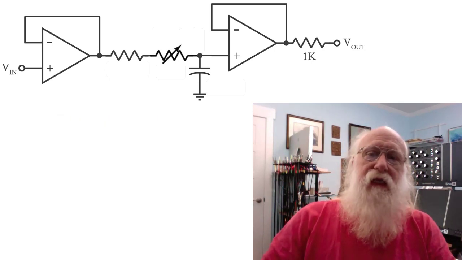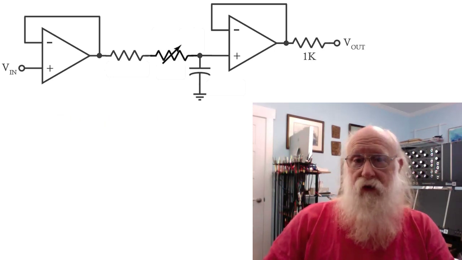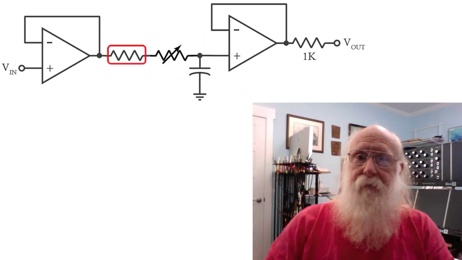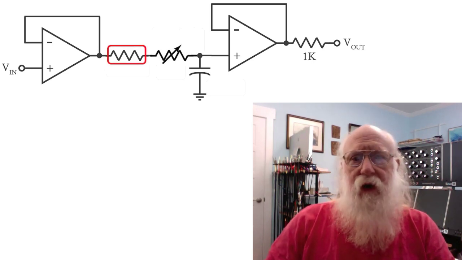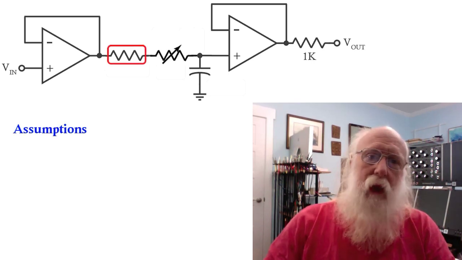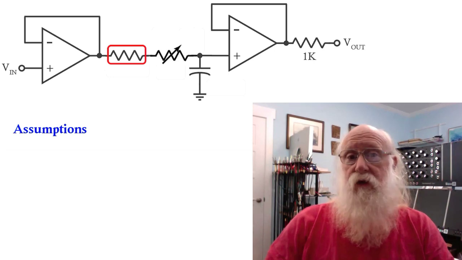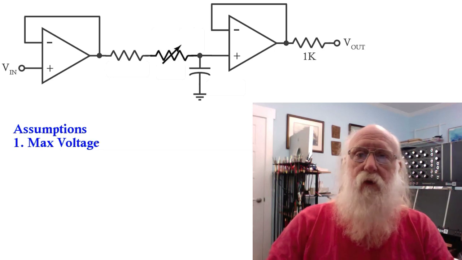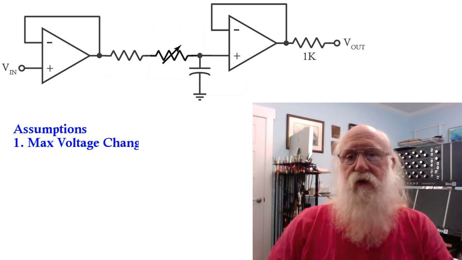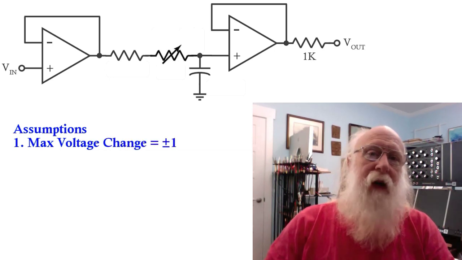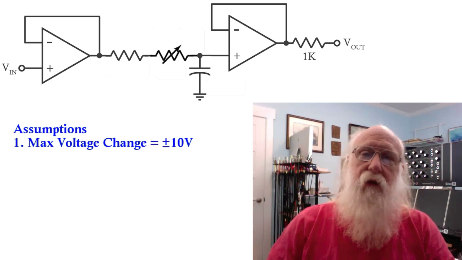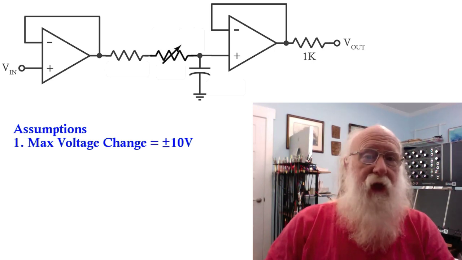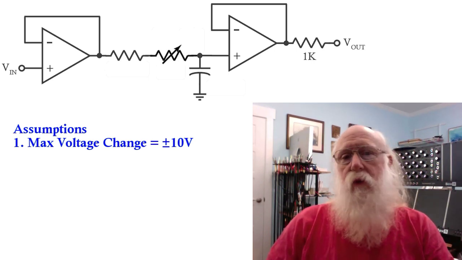As far as the fixed resistor connected to the input buffer, we're going to make a couple of fairly coarse assumptions, but they'll be close enough for the purposes of this circuit. First, we will assume that the maximum change in voltage at the input from one discrete value to the next will be about 10 volts. Now, it could certainly go beyond that, but that's the assumption that we will make.